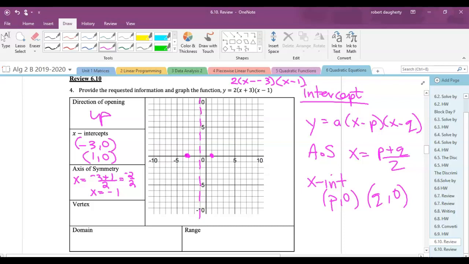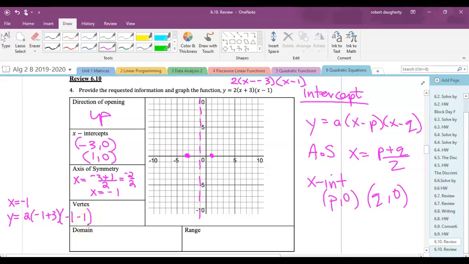To find the vertex, I know that the x-coordinate of the vertex is -1. So I need to plug -1 into the original equation. If x is equal to -1, I get y is equal to 2 times (-1 plus 3) times (-1 minus 1).